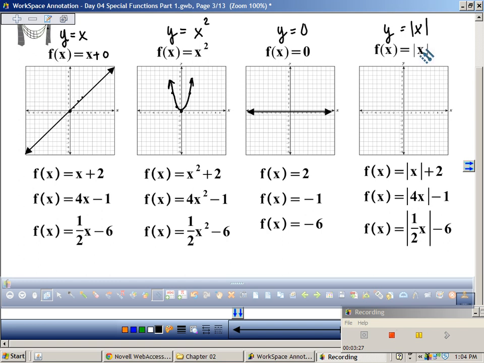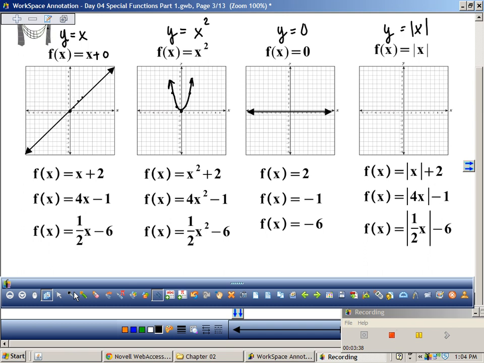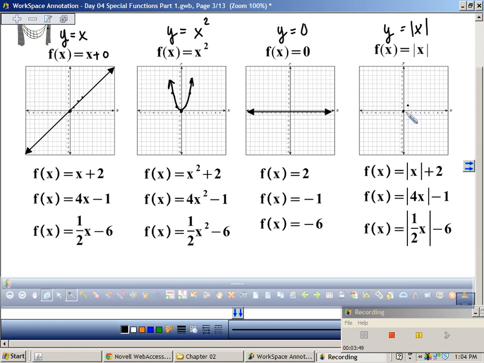And the absolute value function we talked about looked like a V, correct? Let's plug in values and see. If x is 0, y is 0. If x is 1, what's the absolute value of 1? 1. What's the absolute value of negative 1? 1. What's the absolute value of 2? 2. What's the absolute value of negative 2? See how it makes a V like that?